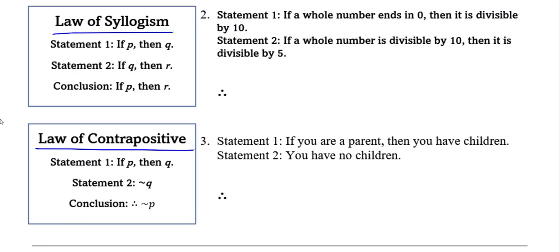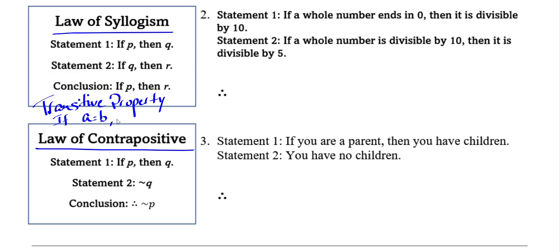The law of syllogism is really similar to the transitive property from algebra. We're also going to have the transitive property in geometry. But for some reason, we didn't want to call it the same thing when we're dealing with logic. But the transitive property in general is if A equals B, let me write it as an if-then statement.